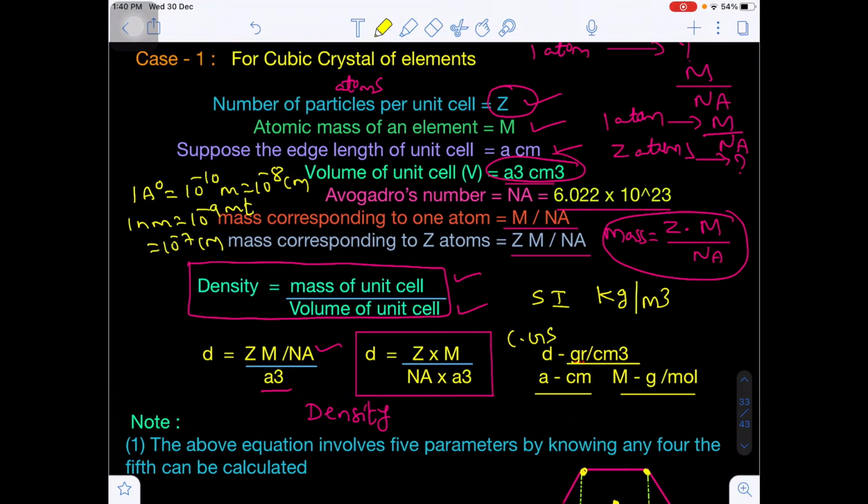And also 1 picometer is 10 to the power minus 12 meters, otherwise 10 to the power minus 10 centimeters. Whatever the edge length of a unit cell, if it is given in angstrom, nanometers or picometers, we should convert it into centimeters for the calculation of density in gram per centimeter cubed.